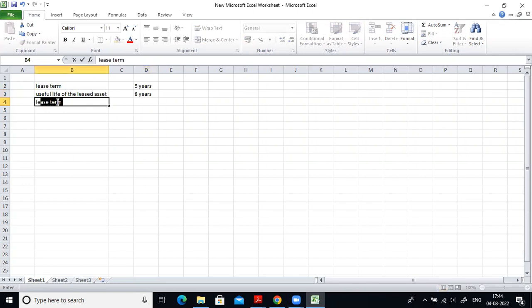Then lease rentals are 75,000 per annum. Then advance, nothing but at the time of making the lease agreement, they paid an advance of 50,000.